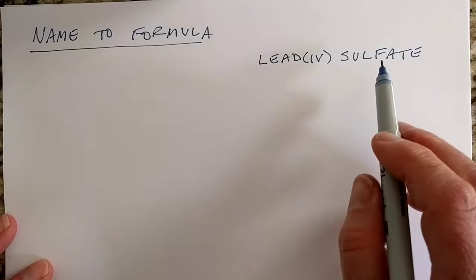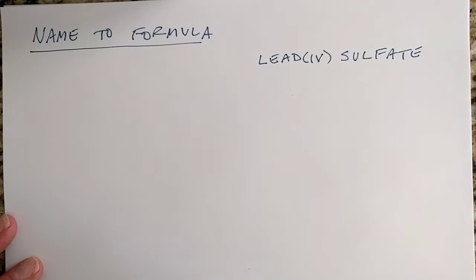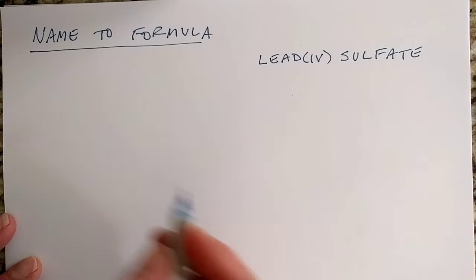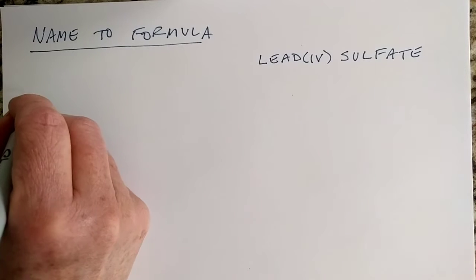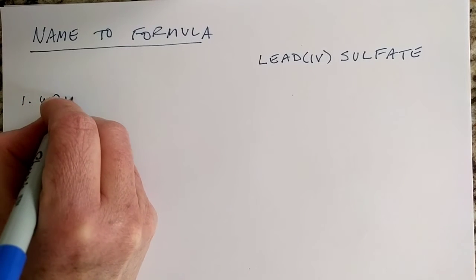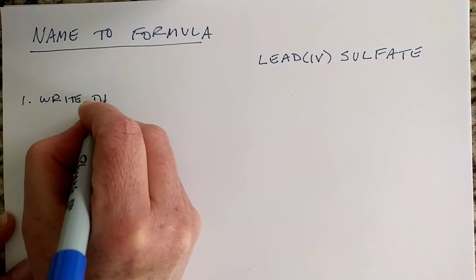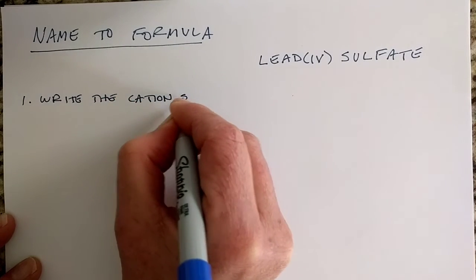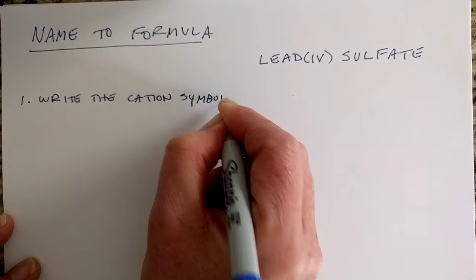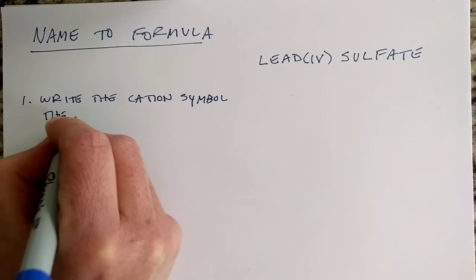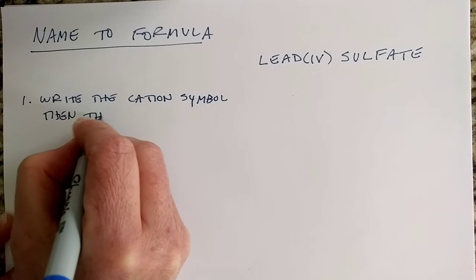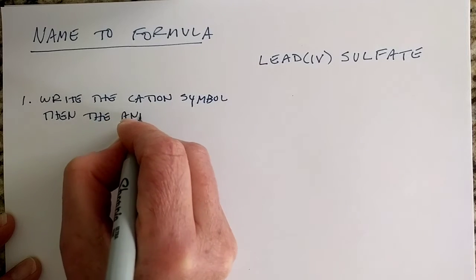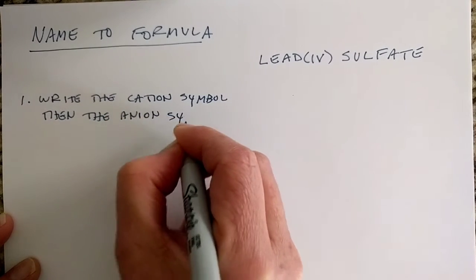That's the name of our compound. We want to write the formula of that compound. So step 1, we're going to write the cation symbol, then the anion symbol. Cations always come first.